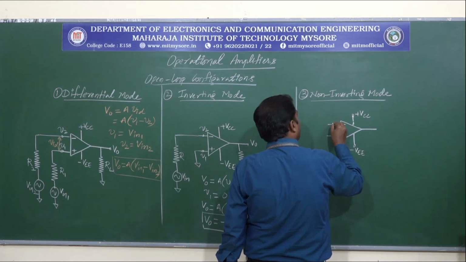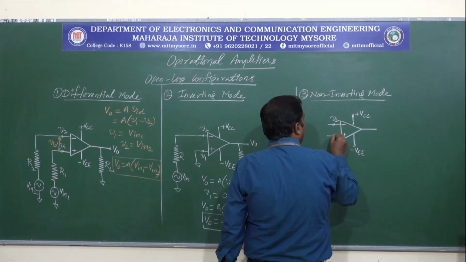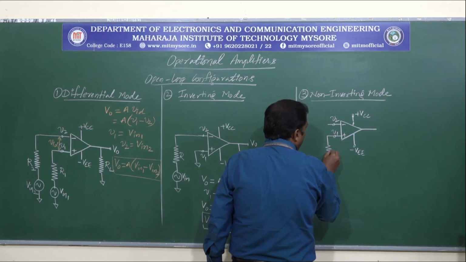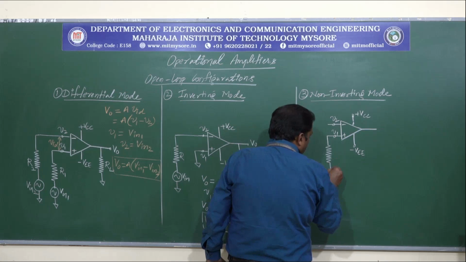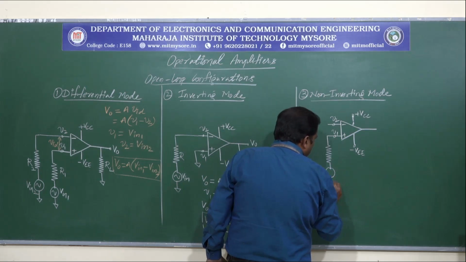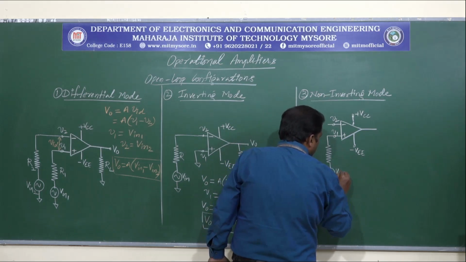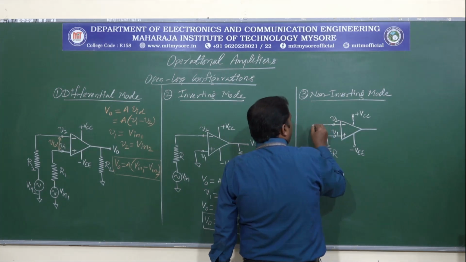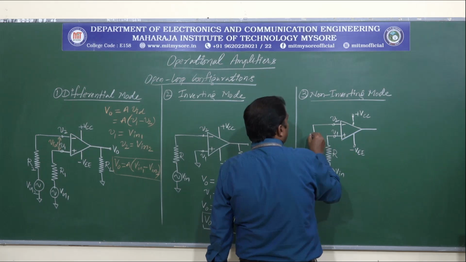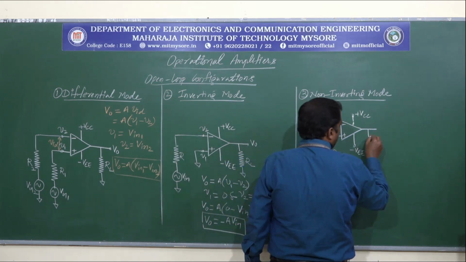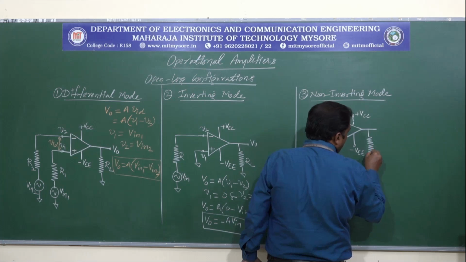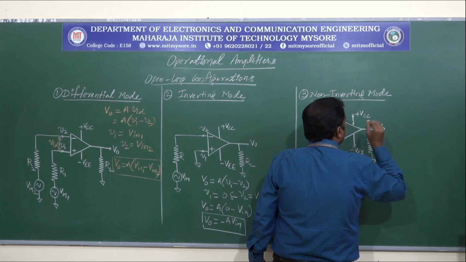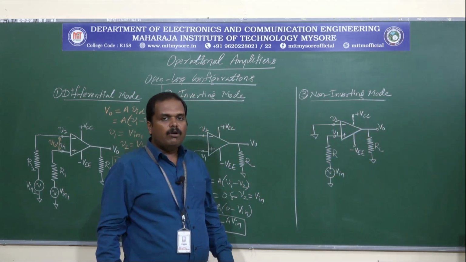The inverting input terminal is V2, the non-inverting terminal is V1. Input signal will be applied to the non-inverting terminal. So let this be V in and this be R, and the inverting terminal will be connected to ground potential. So here we have a load resistance RL connected at the output terminal. So here we consider the output voltage V0.